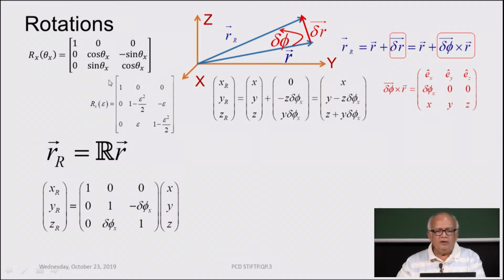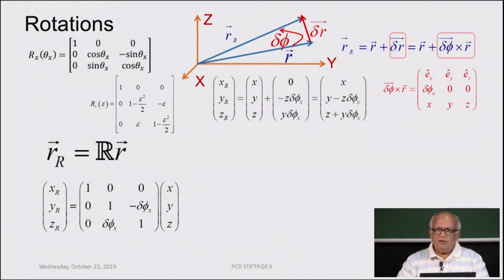And to order epsilon squared, if you take the cosine theta and sine theta and expand them, and retain terms only up to the quadratic terms, then cosine theta is nearly equal to 1 to order epsilon squared, and sine theta is nearly equal to theta. The next term will be theta cubed, which is smaller than theta squared, so you ignore it, right.